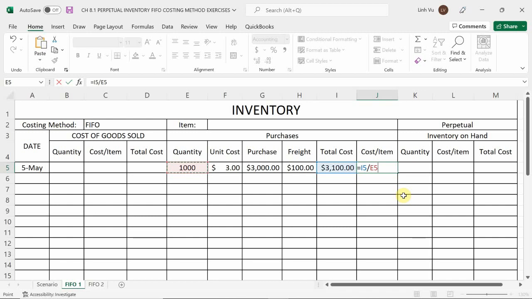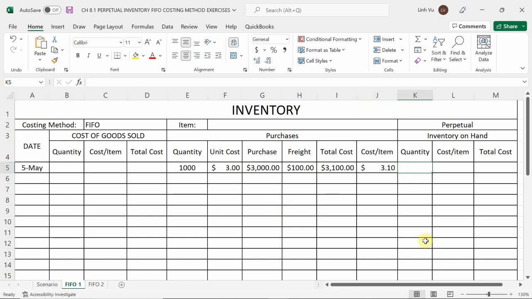Okay. $3.10. $3.10. Okay? So now that I made my purchase, where did I purchase my items to?